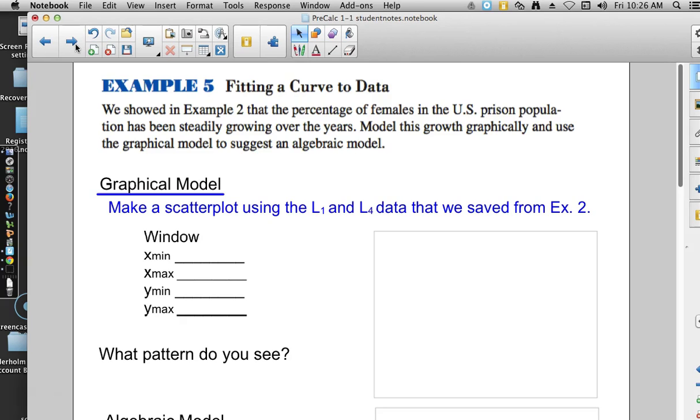Because list 1 for the prison population, we had used years 0, 5, 10, 15, 20, 25. So window, maybe -1 to 30. And our Y values were percentages, and what we had seen so far were pretty small percentages. So maybe we'll just do 0 to 10%.